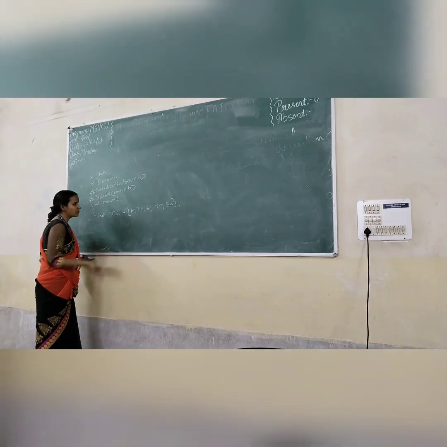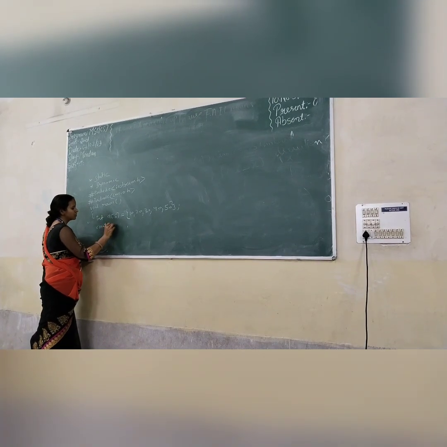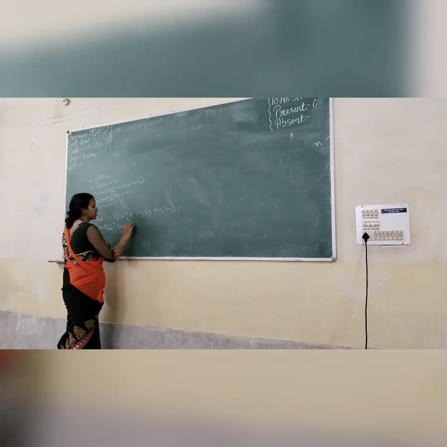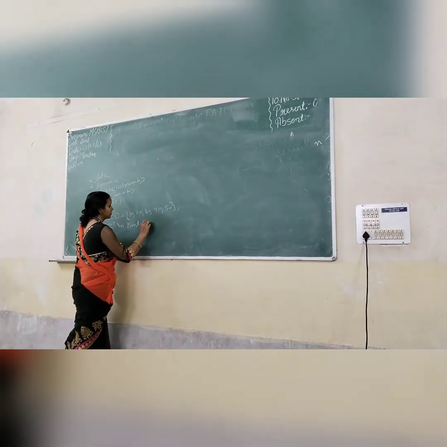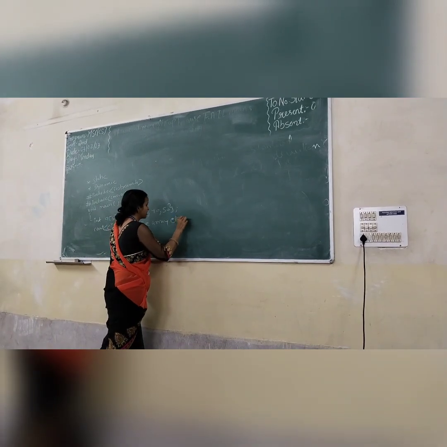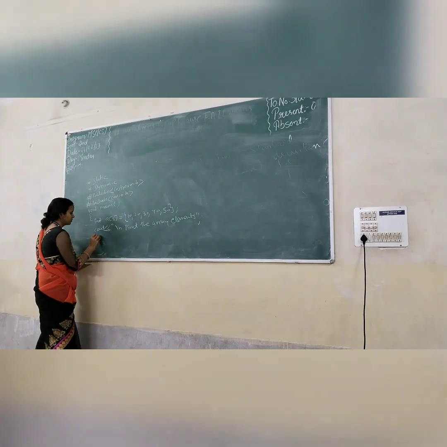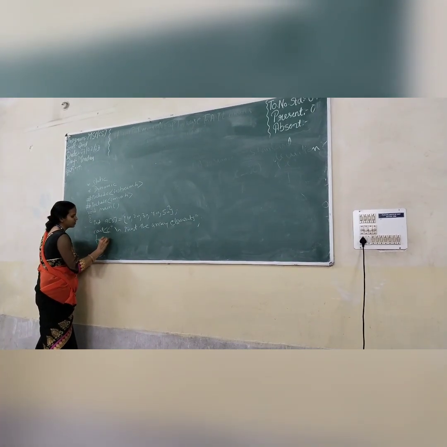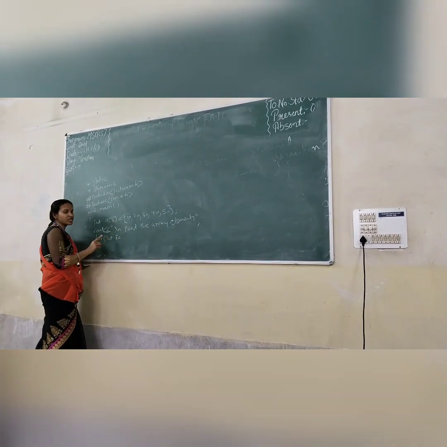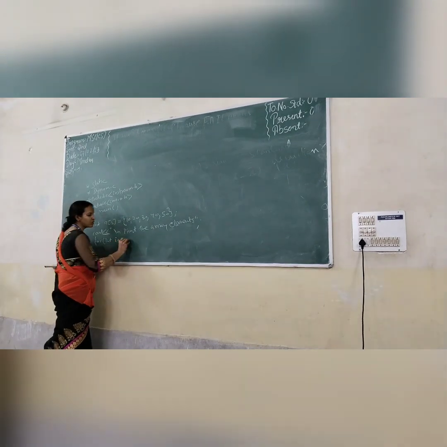Okay. Now we are going to print these values. For that we have to write cout. Because our index starts from 0, I also starts from 0.